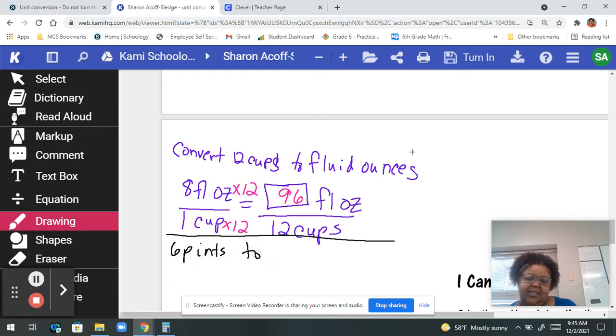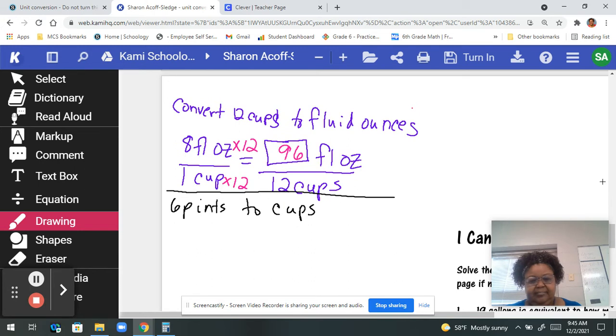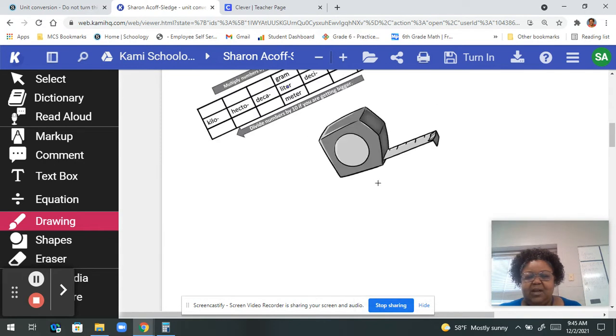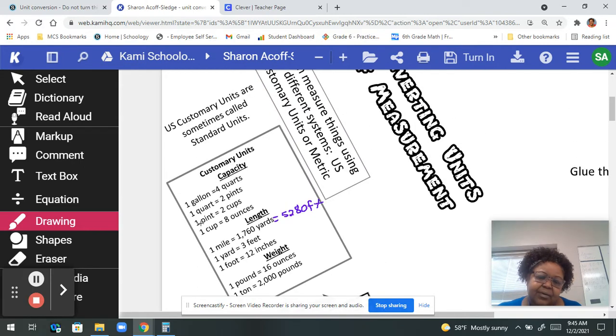We're going to convert that to cups. So 2 cups. If I go back to my conversion sheet, and when I'm talking about my conversion, I'm talking about up here. 1 cup, 2 cups is 1 pint. So 1 pint is 2 cups.